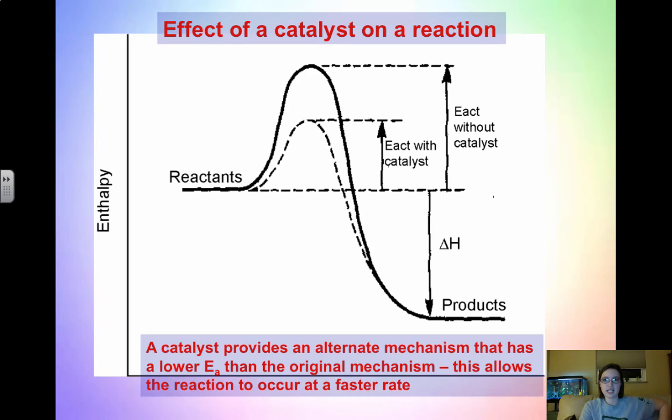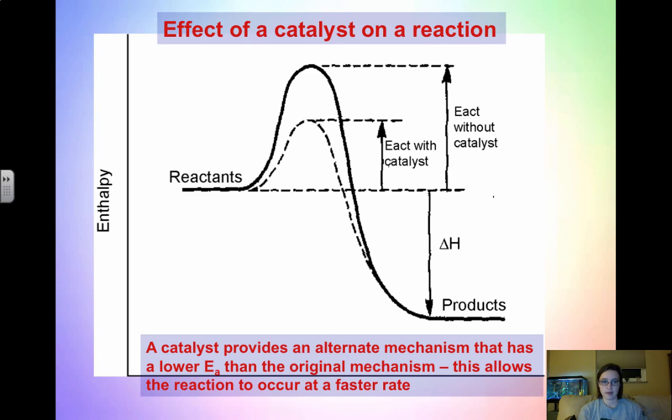So, the effect of a catalyst on a reaction. I talked about what a catalyst does: it decreases the activation energy. You can see right here, the activation energy with a catalyst is substantially lower. By lowering the activation energy, it's stabilizing the transition state, making it more stable to minimize the energy.